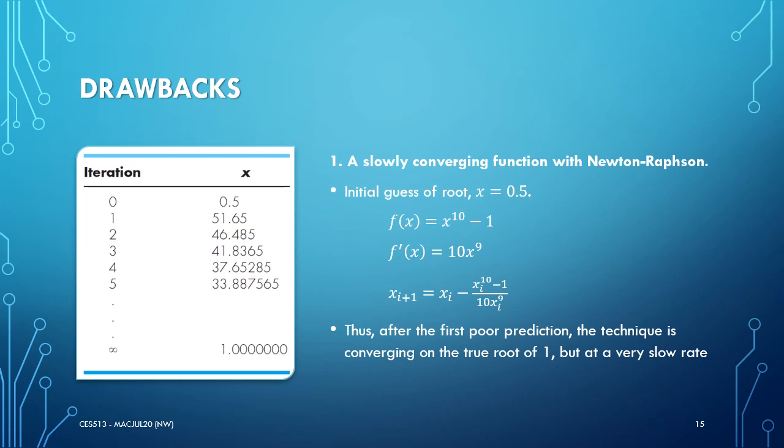For example, in this case, a slowly converging function with the Newton-Raphson method: if we have a function of x to the power of 10 minus 1 and we start with the initial root of 0.5, the technique is converging on the true root here at 1, but at a very slow rate. That means you need to conduct endless iterations before you get the true root of 1.0. So this is an example of the very slow rate of the Newton-Raphson method.